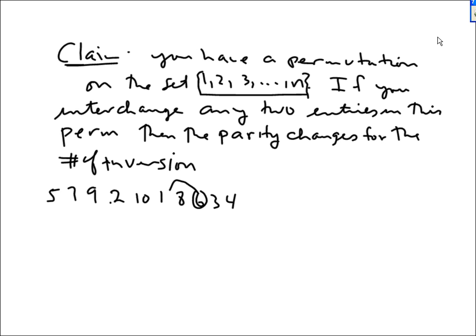I can move it one place to the left by interchanging the 8 and the 6, and then the 6 and the 1, and then the 10 and the 2. Okay? Now, so the 6 is right here now. I moved it 1, 2, 3 places. Now, if I wanted to move the 6 back, I would go 1, 2, 3 places.